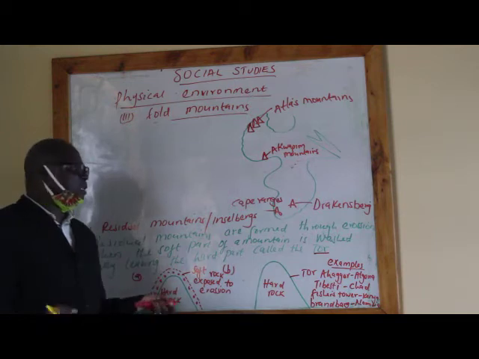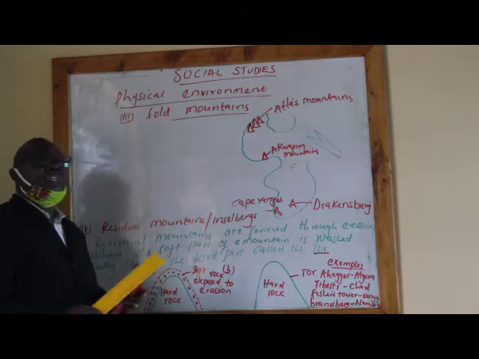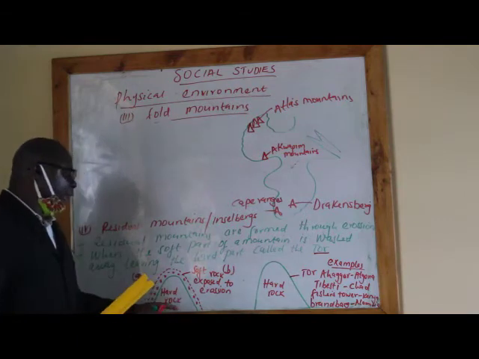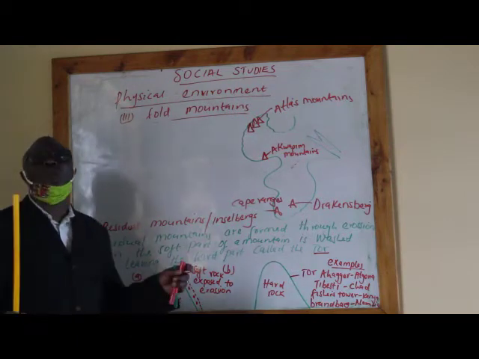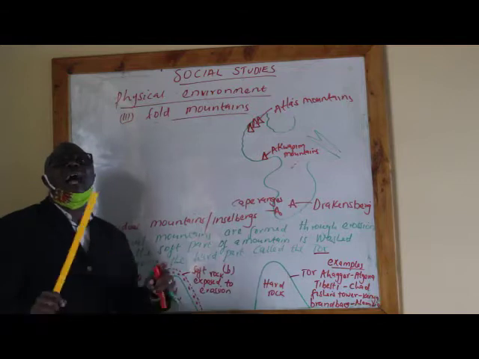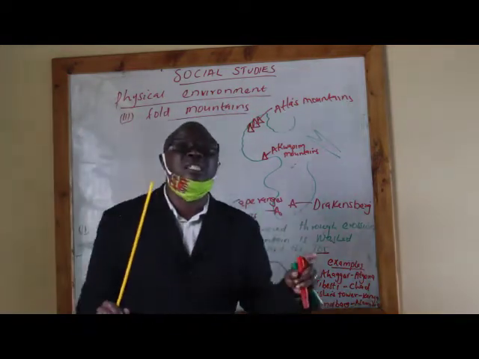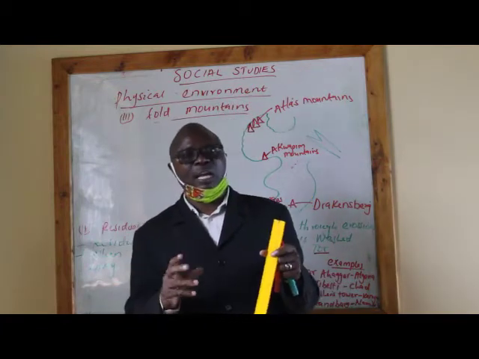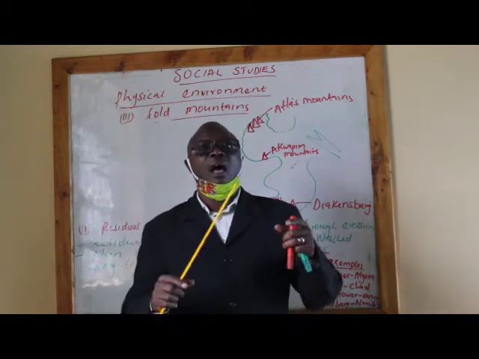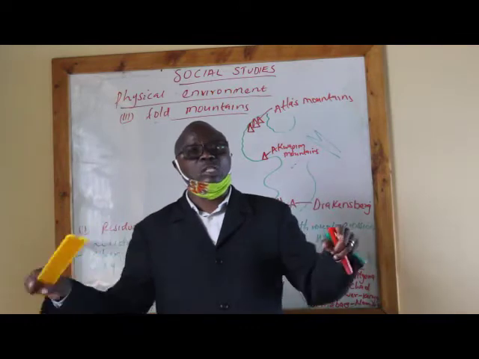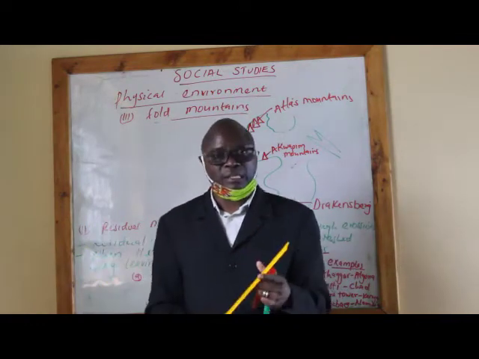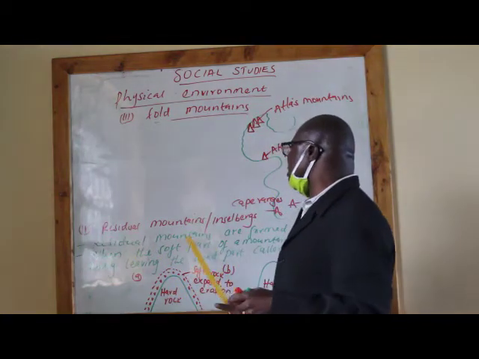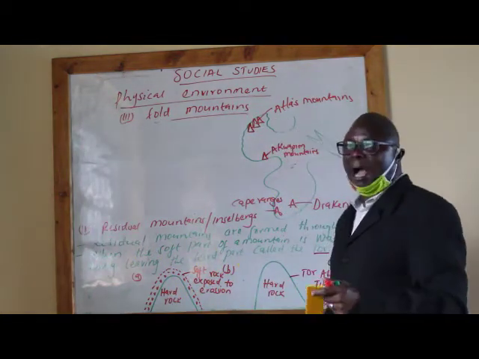The soft part of the mountain is washed away, leaving the hard part. The hard part that remains resists erosion, and even if the agents of soil erosion act upon this mountain, it cannot erode it further. So the remaining mountain is referred to as an inselberg.